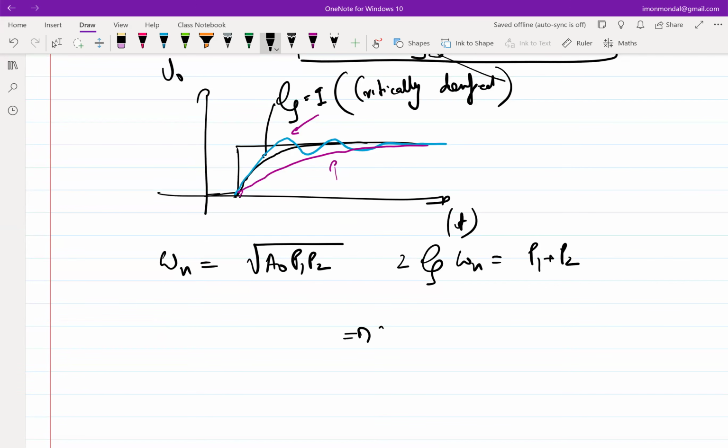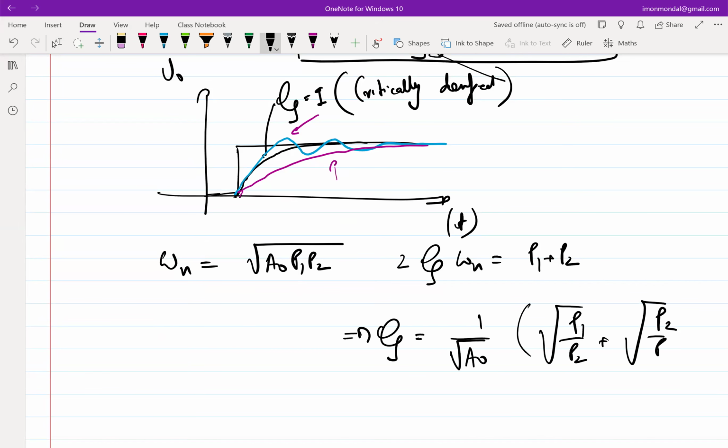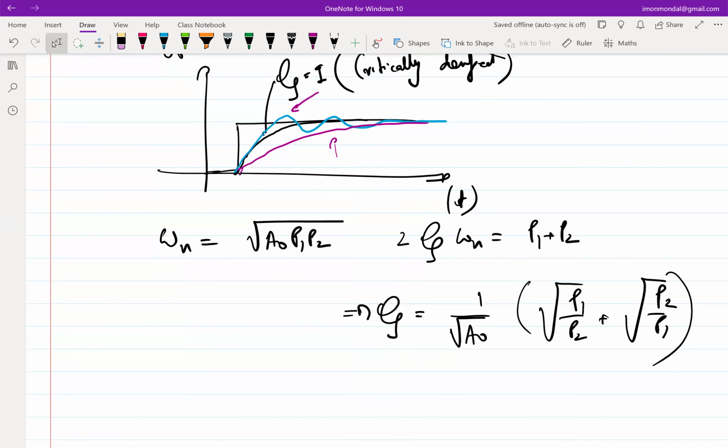So your zeta becomes 1 over under root A naught, times under root P1 by P2 plus under root P2 by P1. Okay.